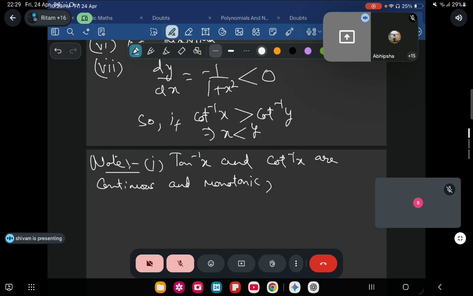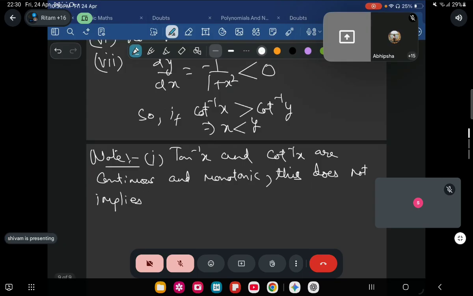This does not imply that the range is R.